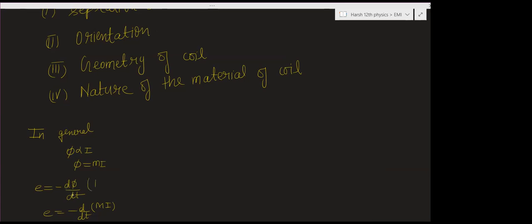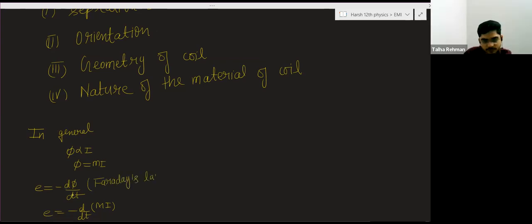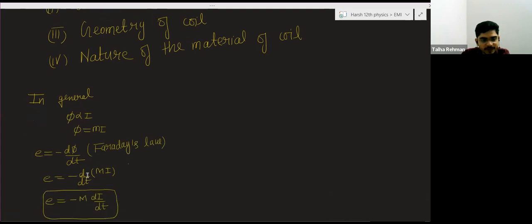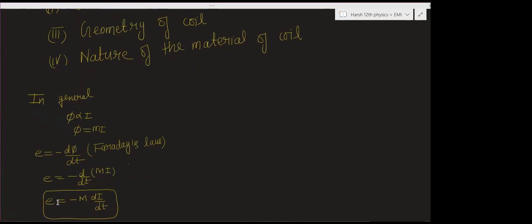Now phi is M I. When we put this phi here, we get minus d by dt of M I, and this coefficient of mutual induction is constant, so we can take it out to get minus M di by dt.